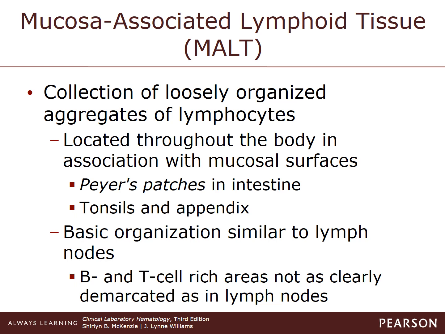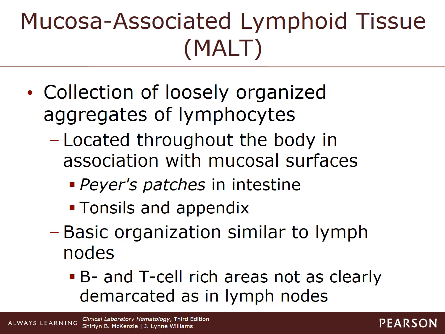Mucosal-associated lymphoid tissue, or MALT, consists of collections of loosely organized aggregates of lymphocytes found throughout the body in association with mucosal surfaces. Its basic organization is similar to a lymph node in that T and B cell rich areas can be identified, but not as clearly demarcated as in the lymph nodes.